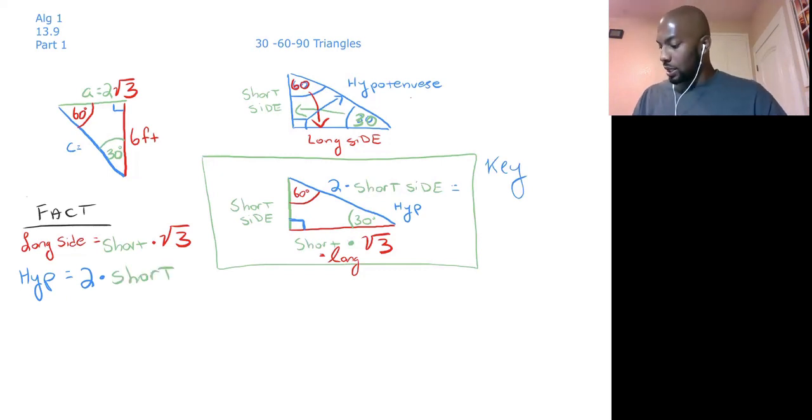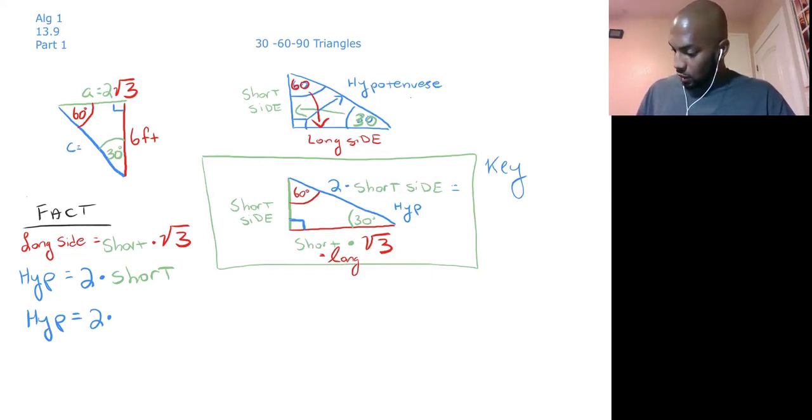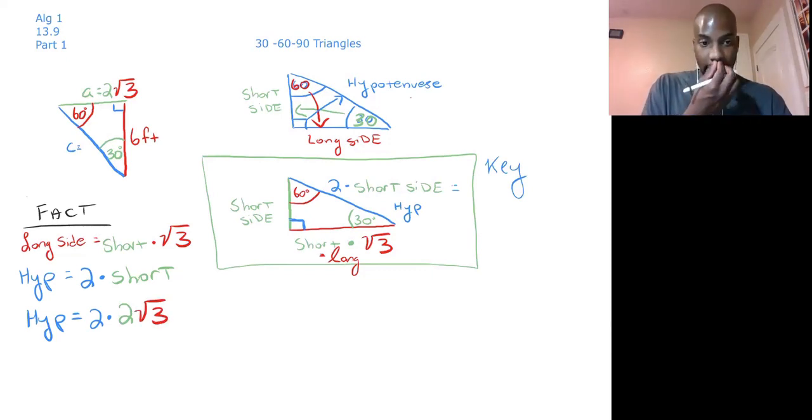Well, we know what the short side is now, right? The short side is 2 rad 3. So I've got the 2 and I've got times rad 3. And now I can do basic math. Because the 2 and 2 are outside of a radical, I can multiply them.